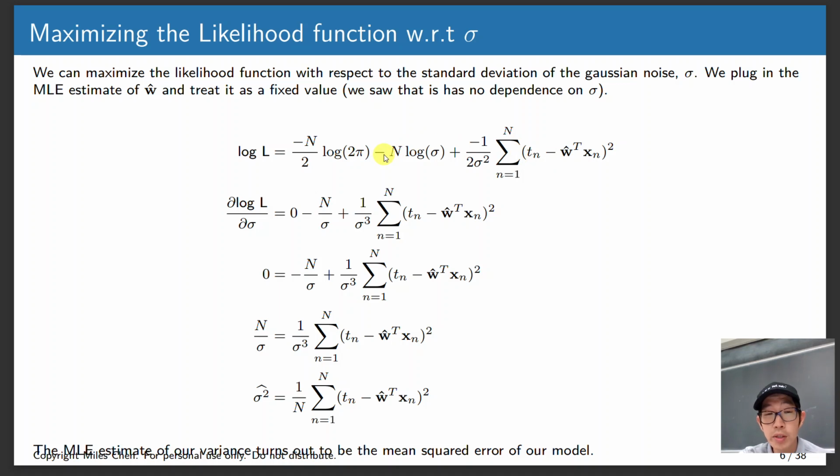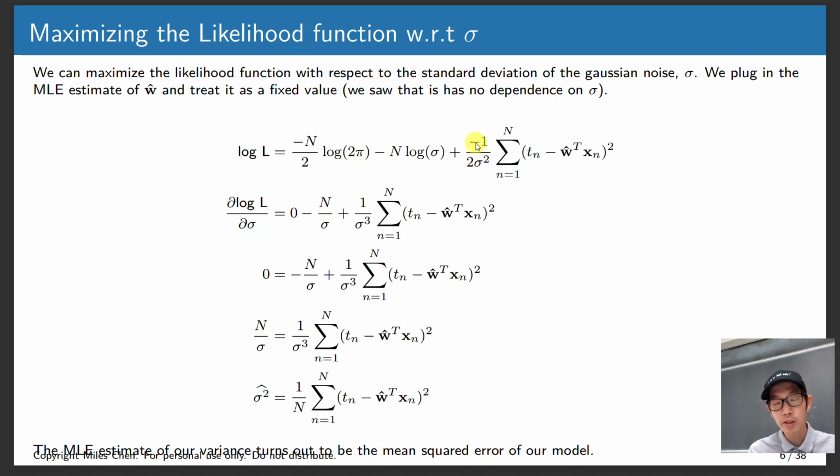So what we'll do here is just use calculus. We will take the derivative with respect to sigma, set that equal to 0, and solve for sigma. Taking the derivative of this with respect to sigma, this is a constant, so that zeroes out. Negative n log sigma becomes negative n divided by sigma.